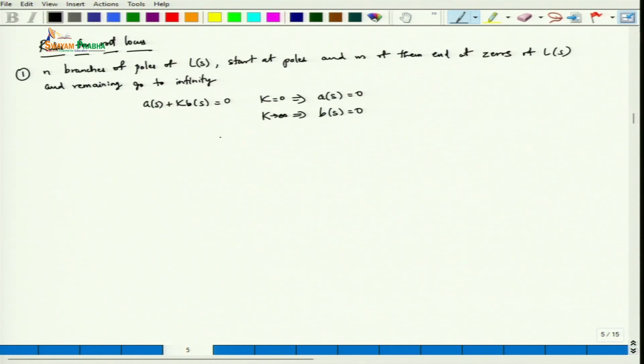Another scenario is if we have this equation, we can write L of S is equal to minus 1 by k, right?